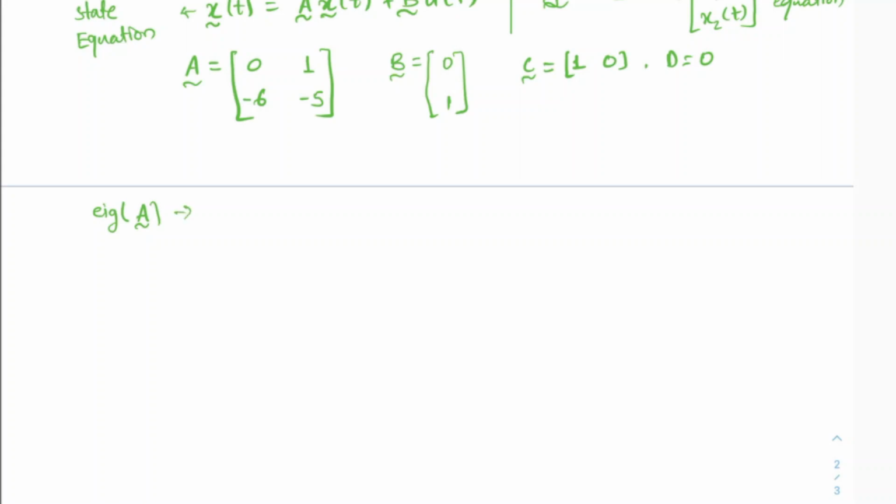So how do we do that? We take A minus lambda I, take its determinant and set it to 0, and then we solve for lambda, which are the eigenvalues.